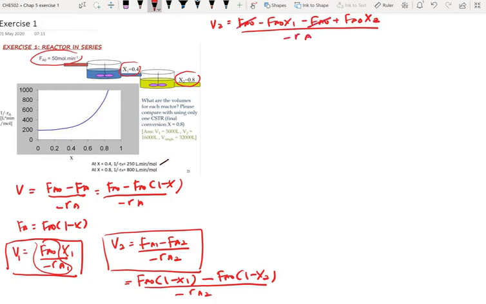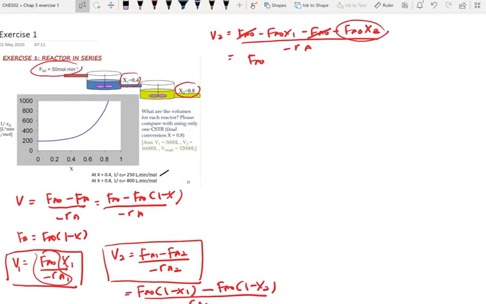This one you may cancel out, and then put FA naught in front, so it will be FA naught (x2 minus x1) over negative RA2.